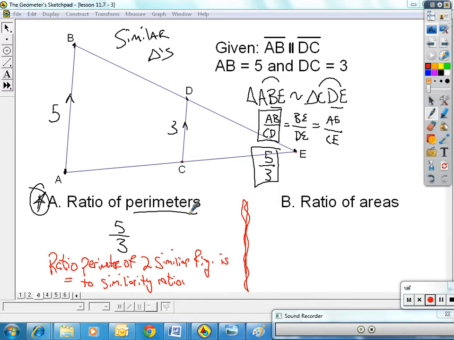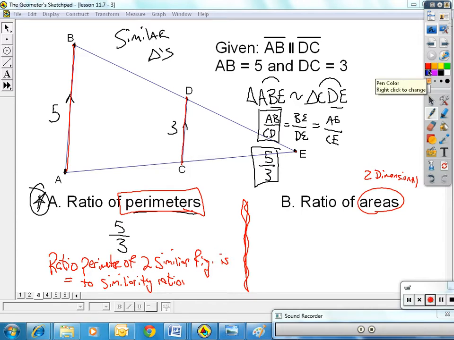Perimeter is one-dimensional, all right, and this is one-dimensional. Area is two-dimensional. So that's a little hint that it's not going to come out to be 5/3, but it should come out to be nice. And what I mean by nice is there should be a rule for it. So let's investigate that rule.